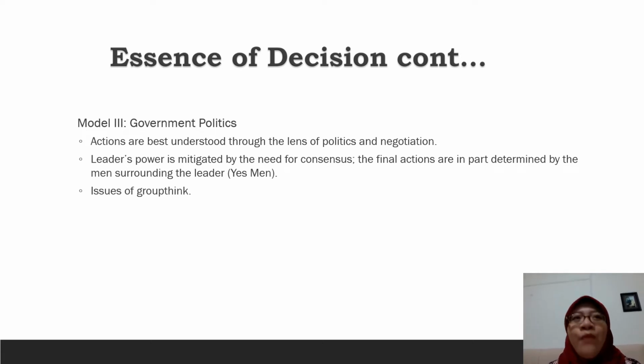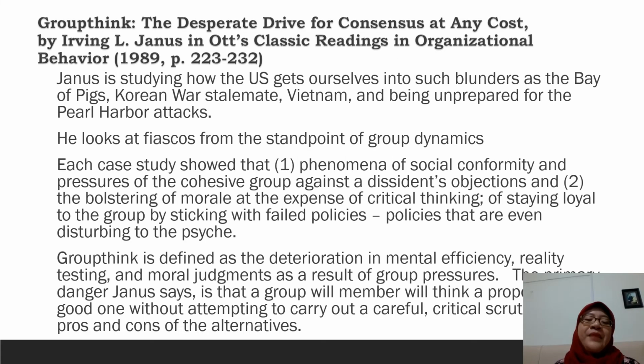This government politics is very good for politicians, but not good for grassroots movements.